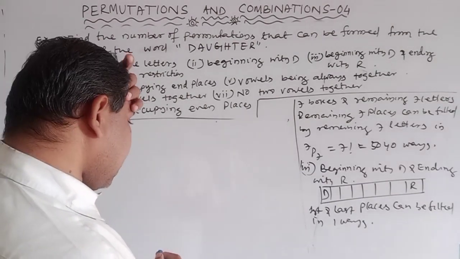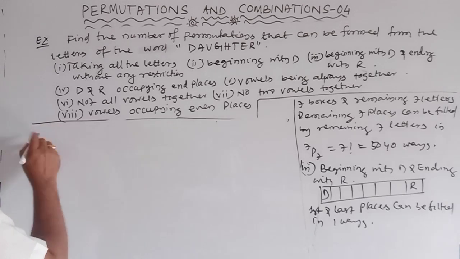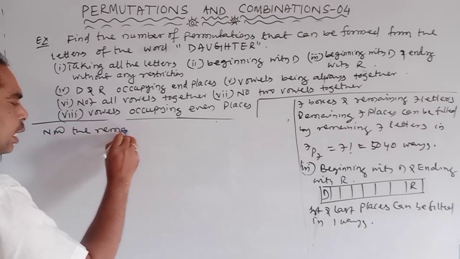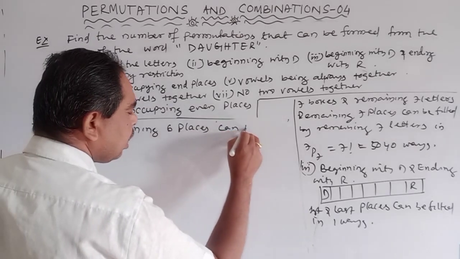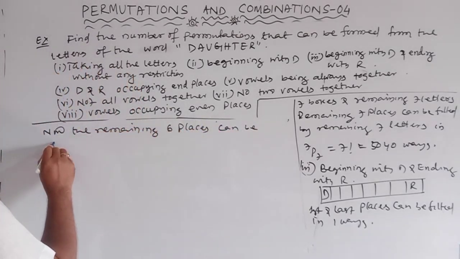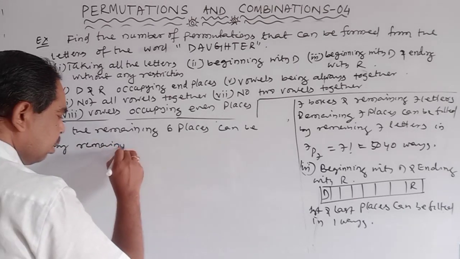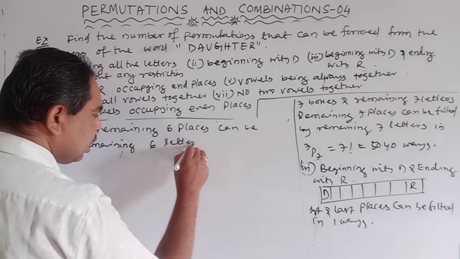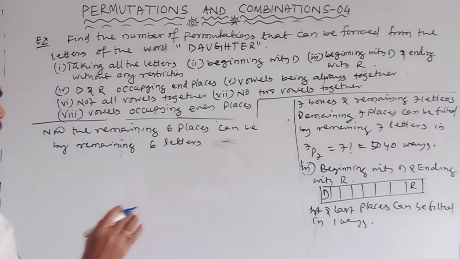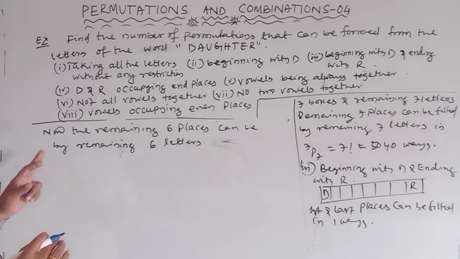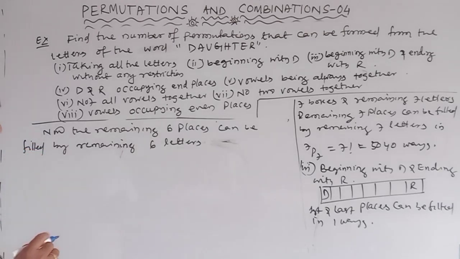Now the remaining 6 places, from the second to the 7th place, can be filled by the remaining 6 letters.